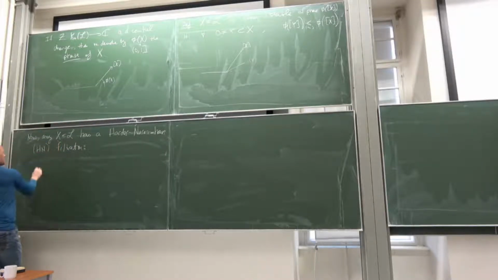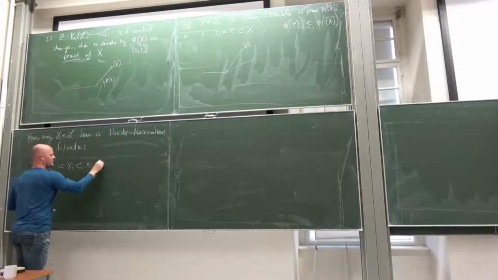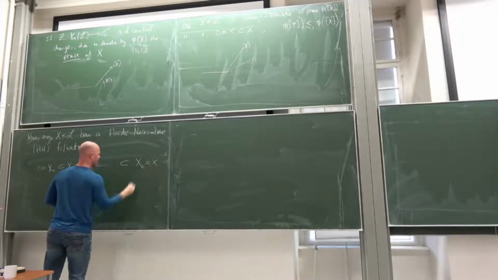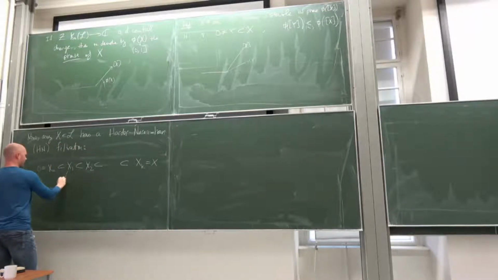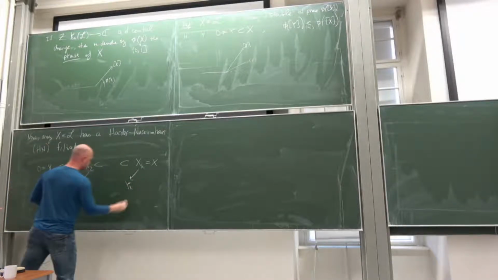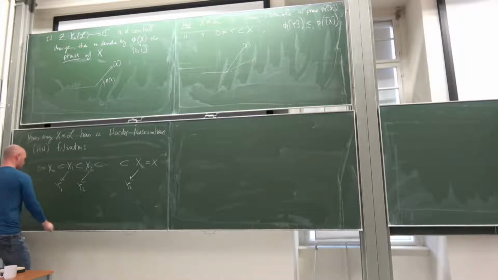So every object X can be filtered such that the subquotients are all semi-stable with decreasing phase.